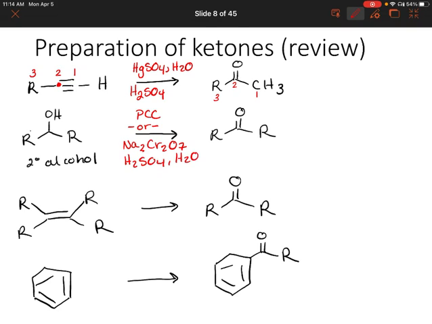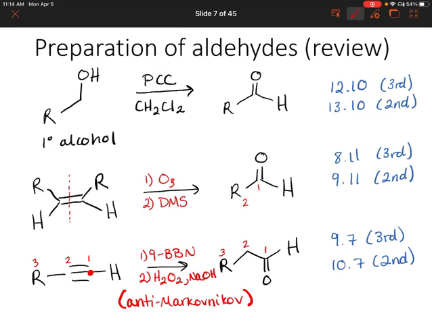Okay. But remember, PCC on a primary alcohol will stop at the aldehyde. If we tried to use chromic acid on this primary alcohol, what would we end up with?